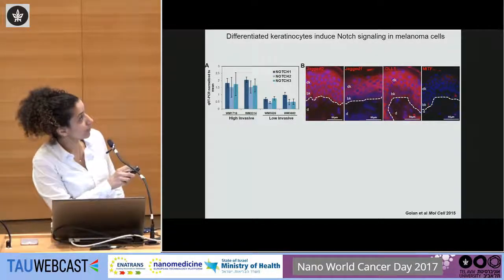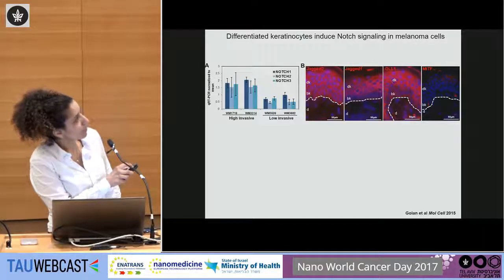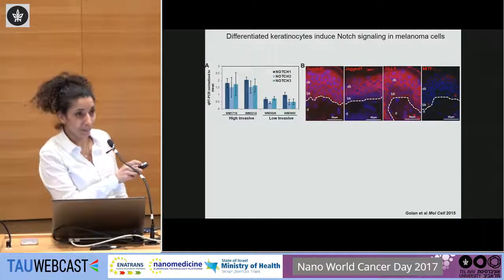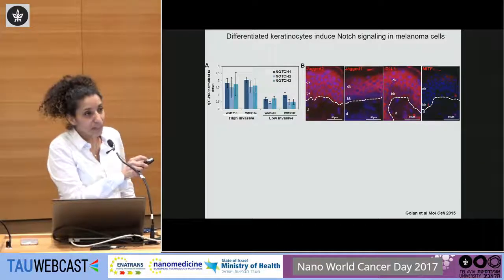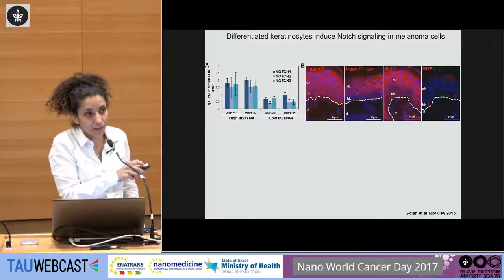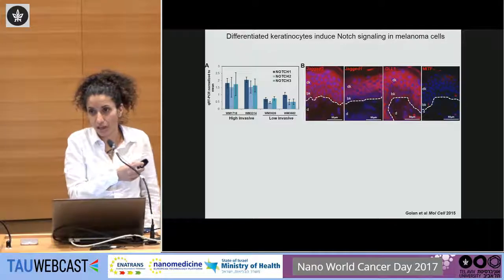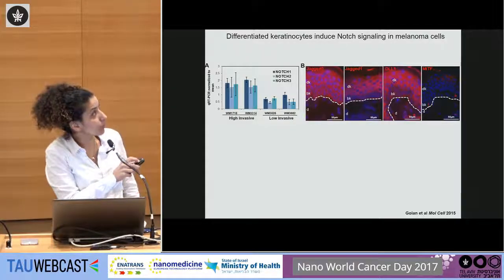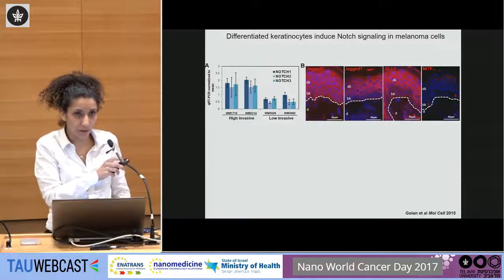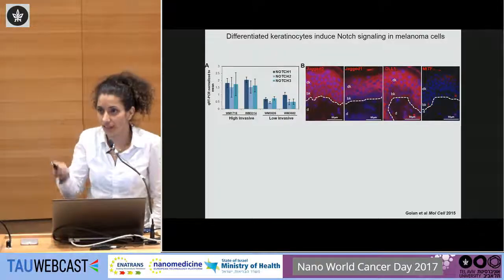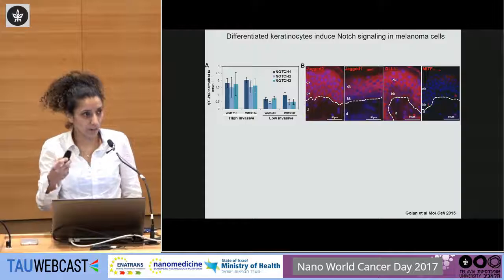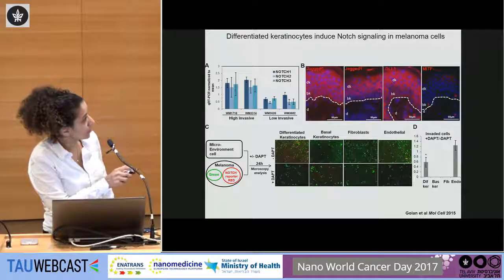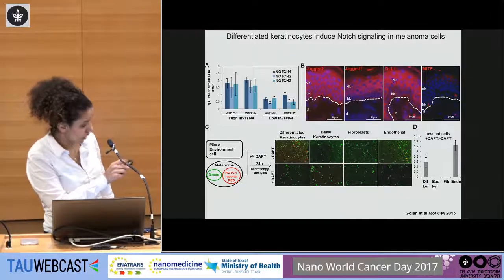So you can see here that the basal layer is clean, no Notch ligand, which means while cells are sitting here at the basal layer, they will not be activated by Notch signaling, but only when cells will start growing upwards towards the upper layer, they will start receiving the ligand, and then they will be expressing the Notch signaling, as you can see here, again by co-culturing.